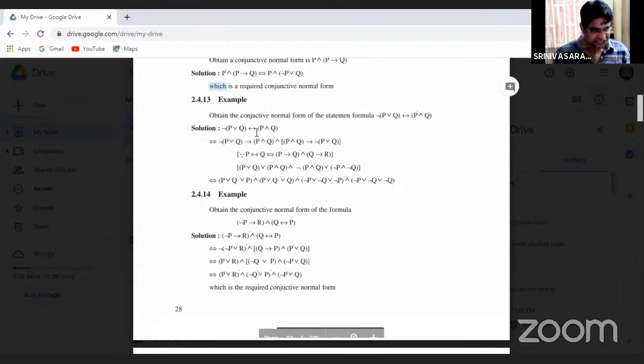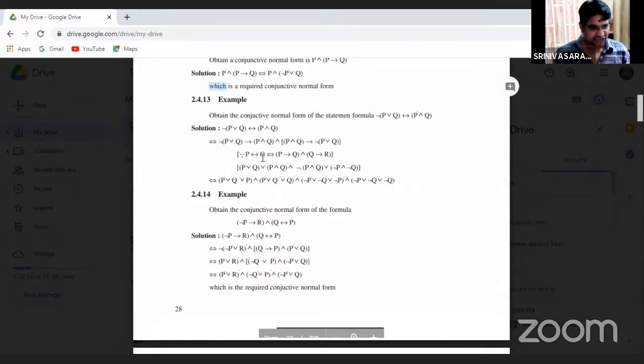Now, this representation of an equivalence expression can also be written as conditional of P and Q, so this is capital A, that is conditional of capital A and A2, negation A. That's enough. Now P and Q conditional negation P or Q. Now this is the expression. Just you have to observe this one.